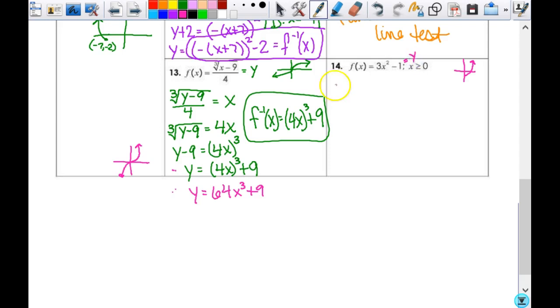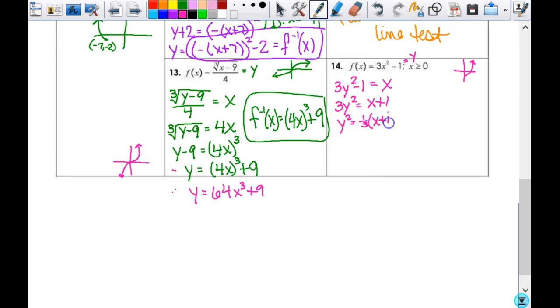They're going to change places, so I get 3y squared minus 1 equals x. So I add 1 to both sides. 3y squared equals x plus 1. Then what do I do? Divide by 3, right? So I'm going to divide by 3, and I'm going to get y squared equals 1/3 times x plus 1. That's the same as dividing by 3, right?